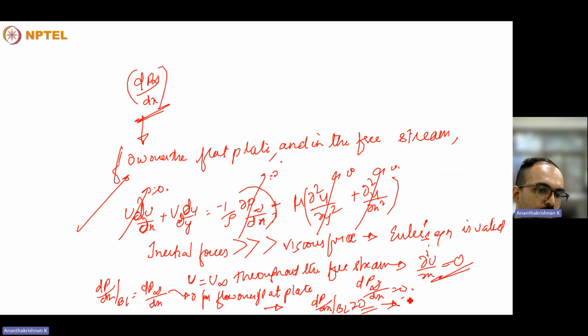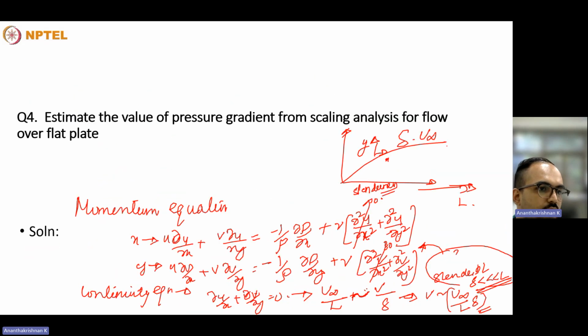Therefore, the X momentum equation reduces to u ∂u/∂X plus v ∂u/∂Y is equal to ν ∂²u/∂Y². So that will be the reduced form of the X momentum equation, and ∂P/∂X within the boundary layer will be equal to zero.